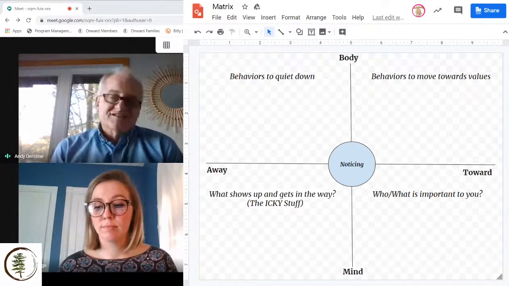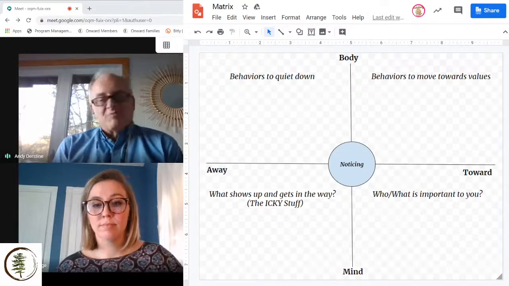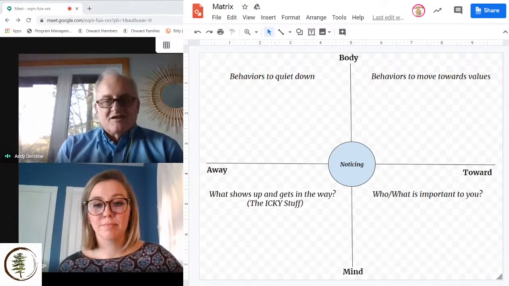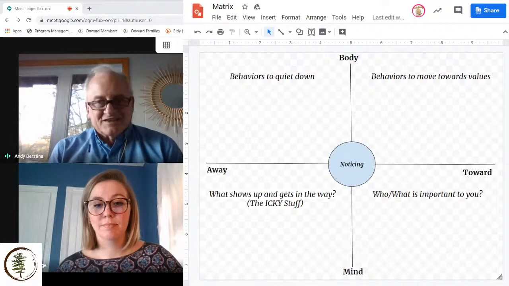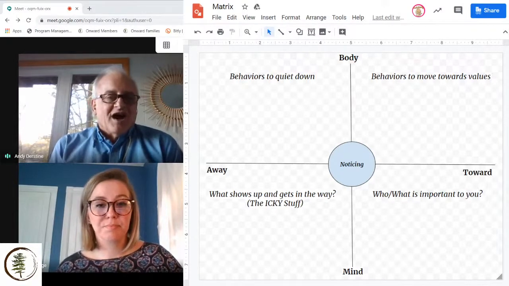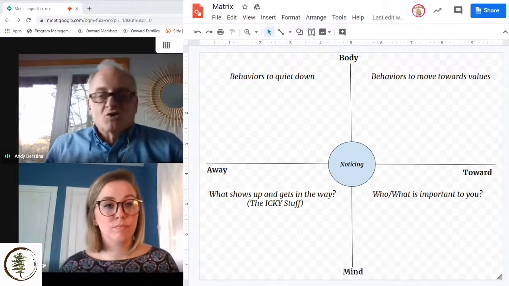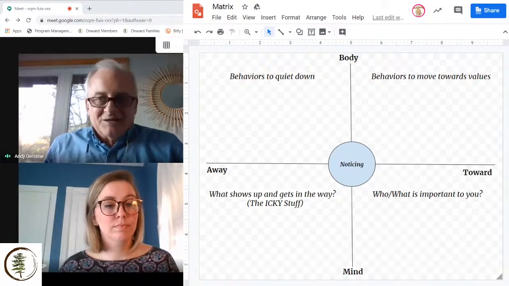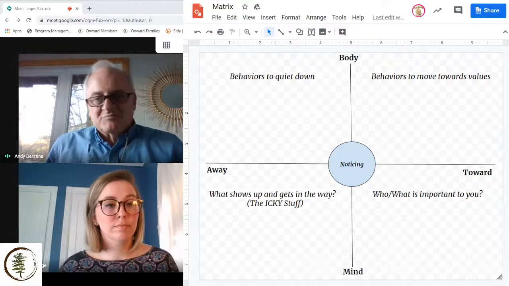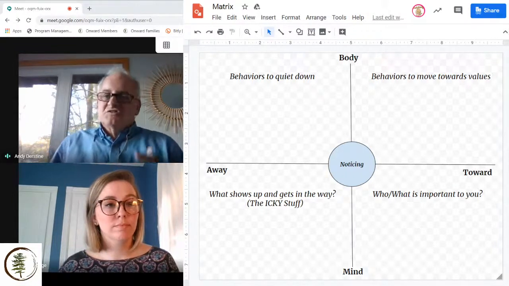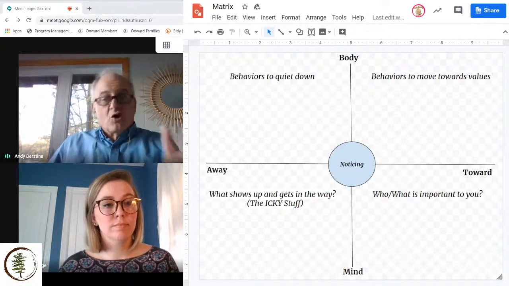And then the defusion is trying to put a little distance between those thoughts that we have about ourselves. So if the thought is I'm no good at basketball, and therefore that shuts me down from playing basketball, to be able to again use the noticing.